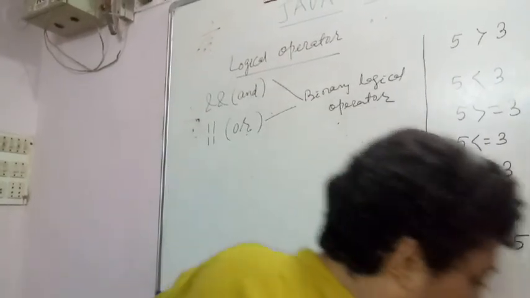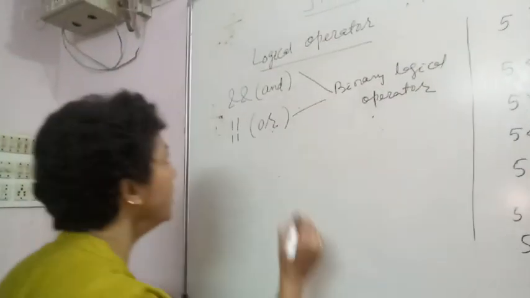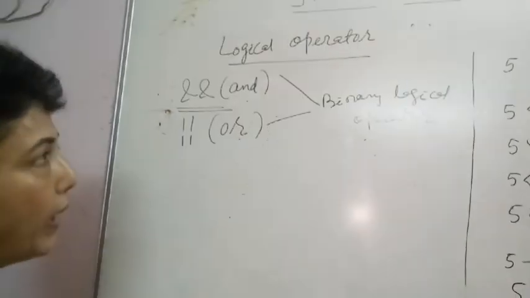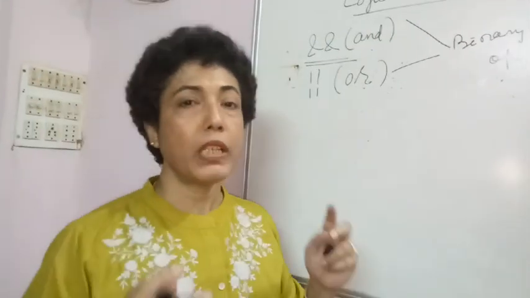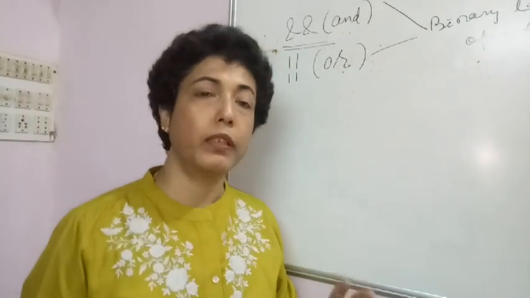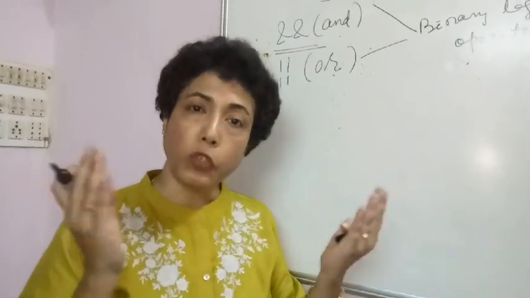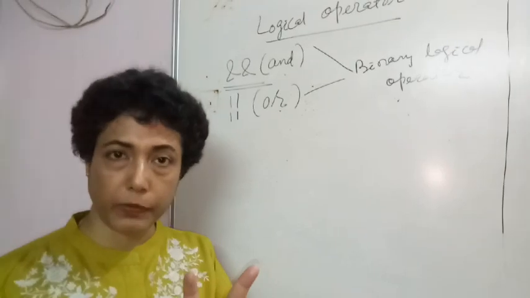For example, let us check one by one. First we will talk about the AND logical operator. The AND logical operator is used for joining two relational expressions.